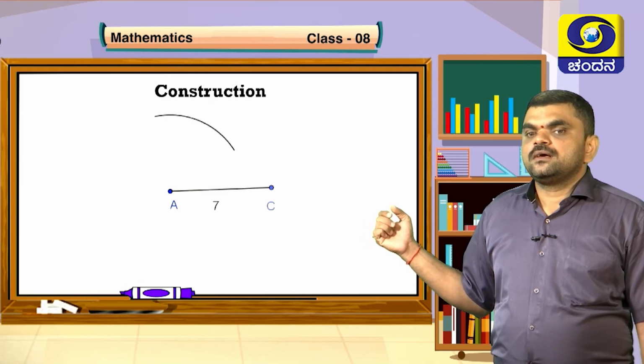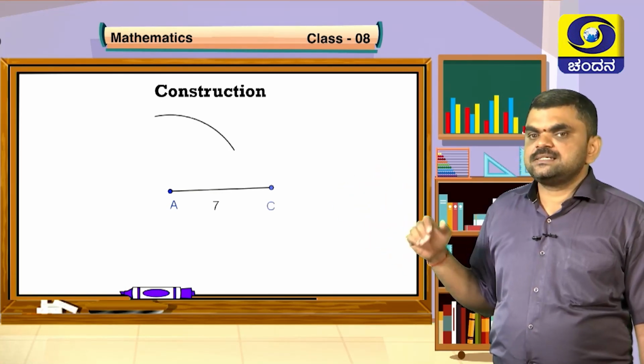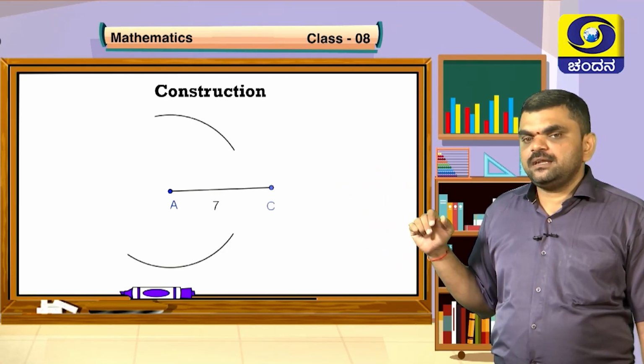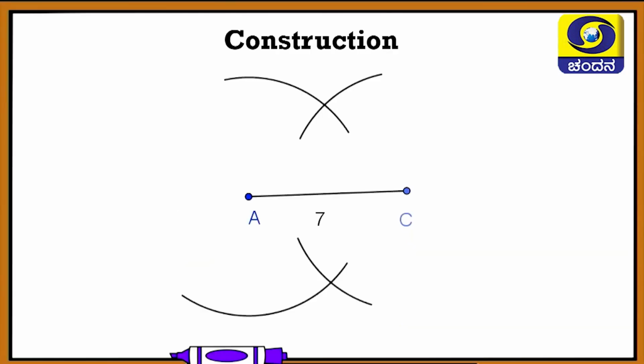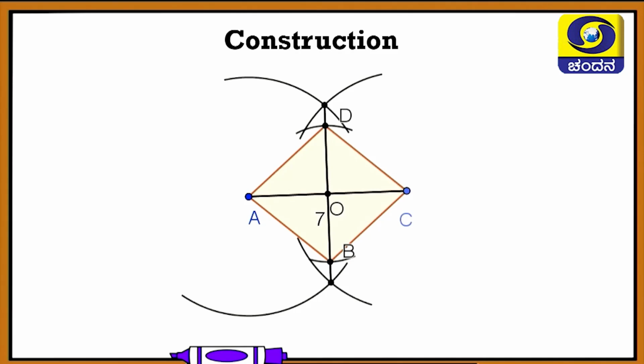Now I have to draw a 6 centimeter line. Observe here, yes. Now cutting those points, now marking that intersection point O. Observe here carefully, with O as center, the equal measurement OC.